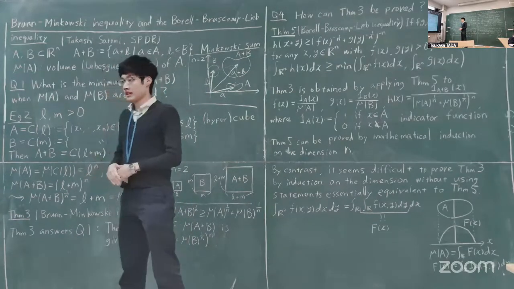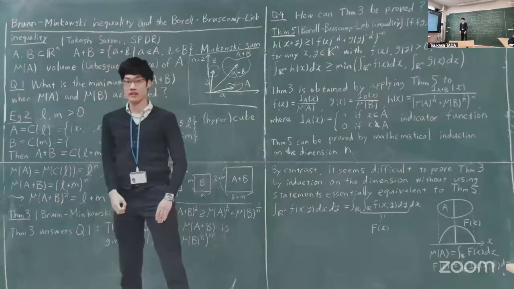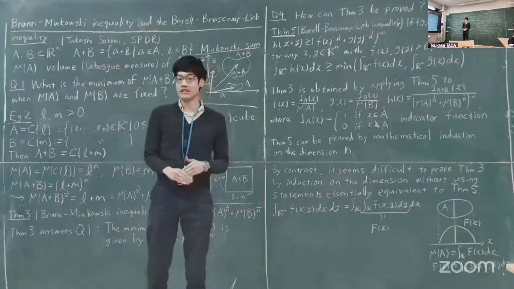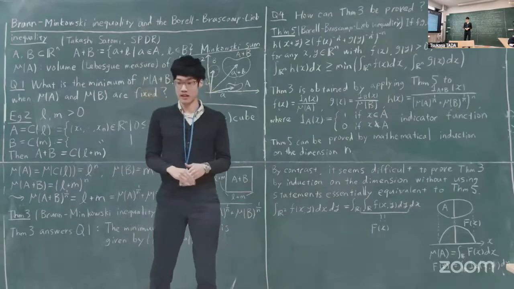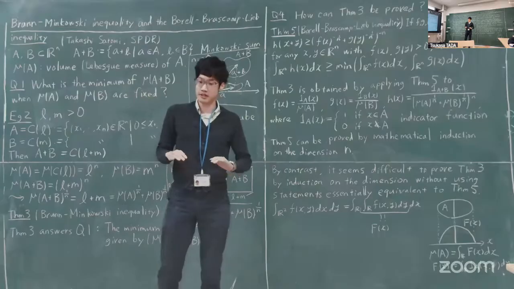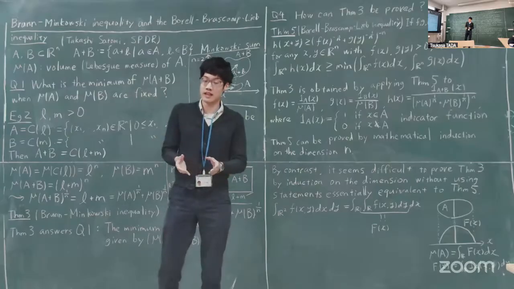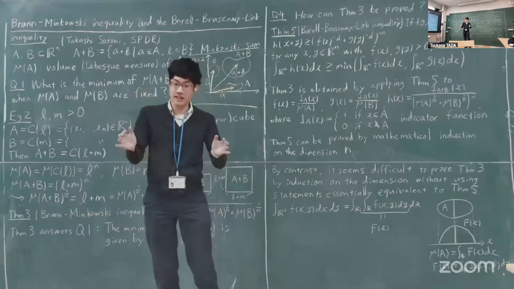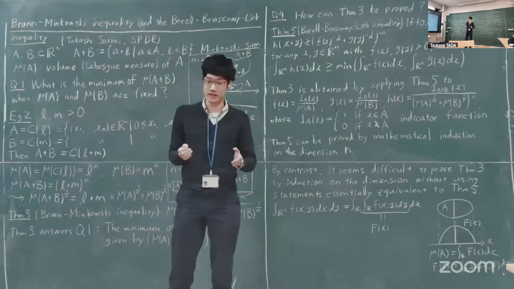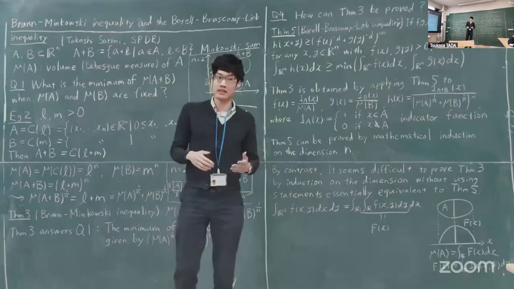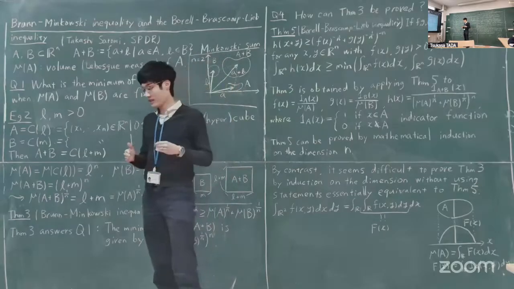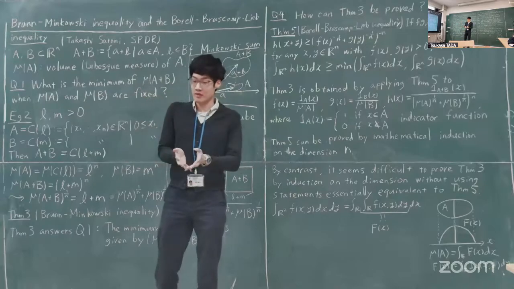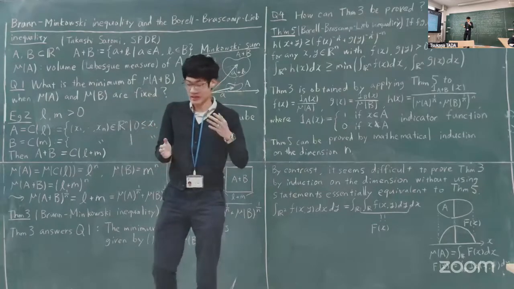For example, the Brunn-Minkowski inequality implies the isoperimetric inequality. It states that among all sets with the fixed volume, the surface area is minimized when the set is a ball. This explains why the soap bubbles are spherical.